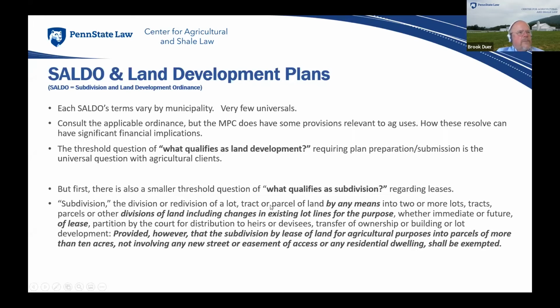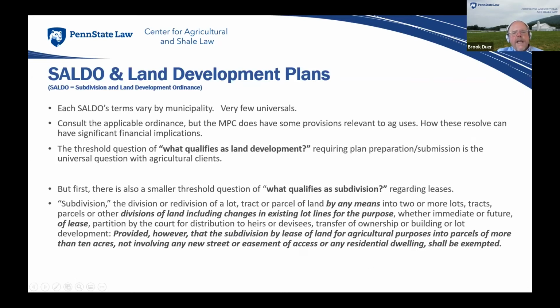It basically says that if the subdivision by lease, in other words, if you're looking to lease less than the entire existing farmland that you are in possession of to somebody for crop farming, for example, if it's divided up into larger than 10 acres leasehold interest, then that is not considered to be a subdivision under the MPC.